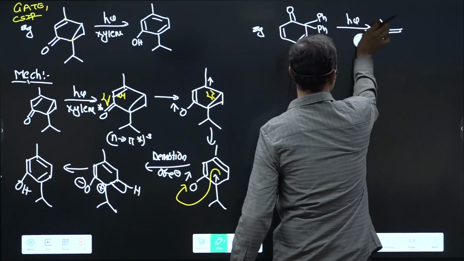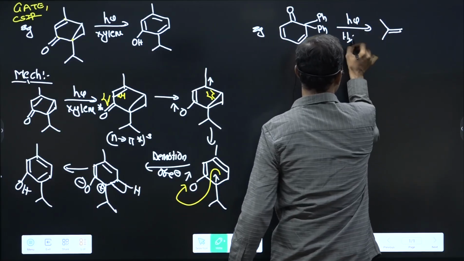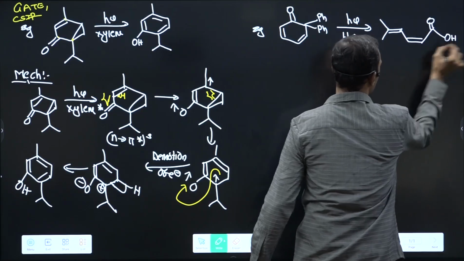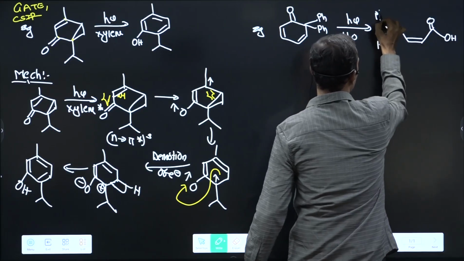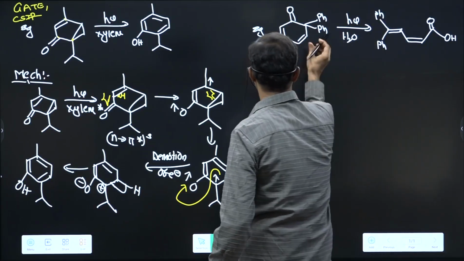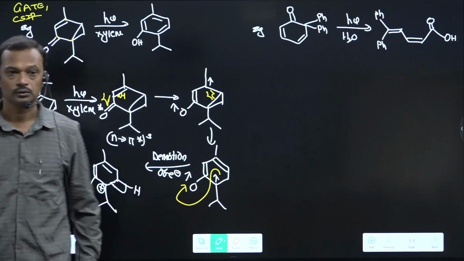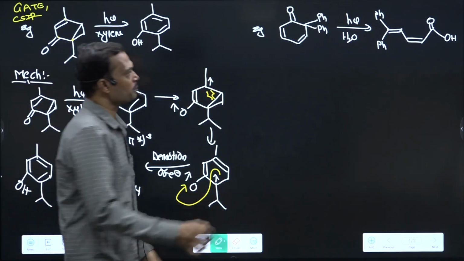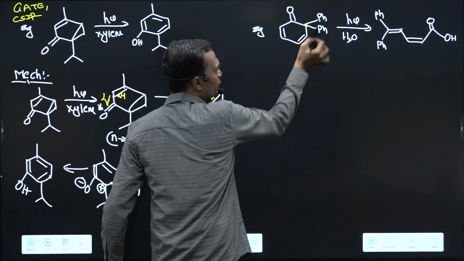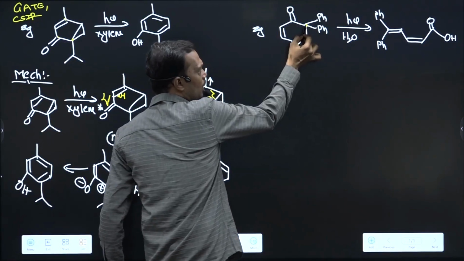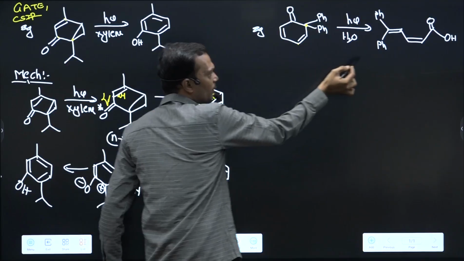So this is the answer. The ring-opened chain product is expected. So when substitution is present on the second carbon, see, if the two phenyls are present at para, you will get phenol. But when two phenyls are present at ortho, then what happens? See, you will get the ring-opening product.